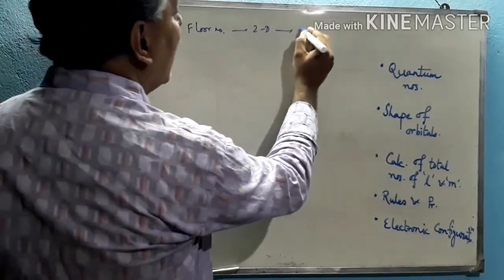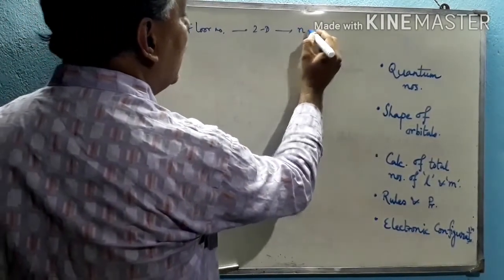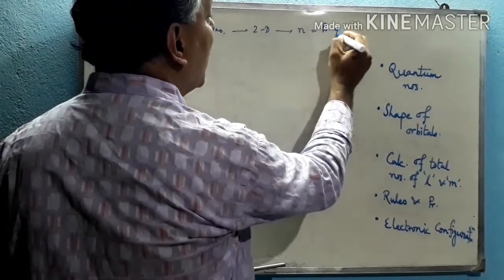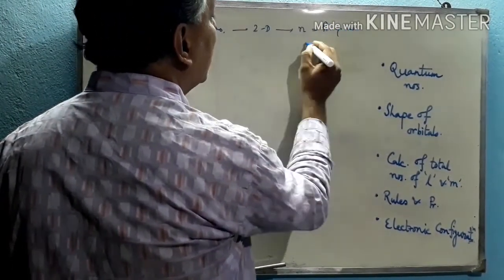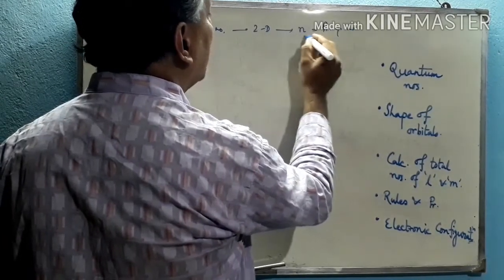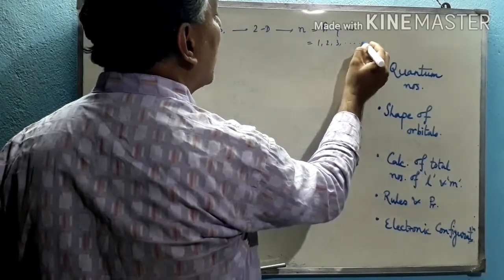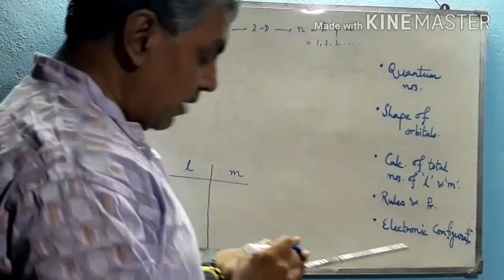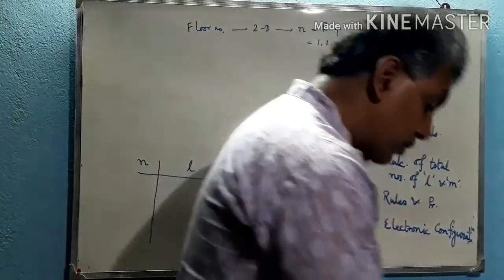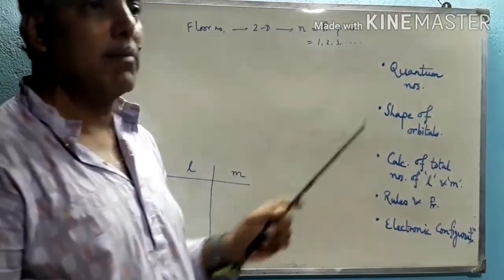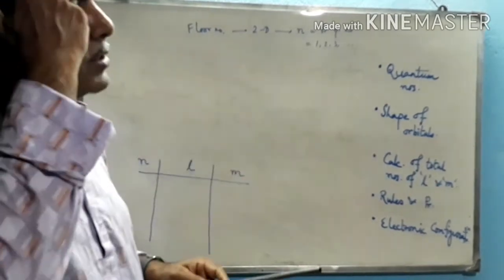It is the number of the orbit, denoted by the principal quantum number n, which is equal to 1, 2, 3, and so on. These are known as the Bohr stationary orbits. So the floor number denotes the principal quantum number n. It is a two-dimensional concept.